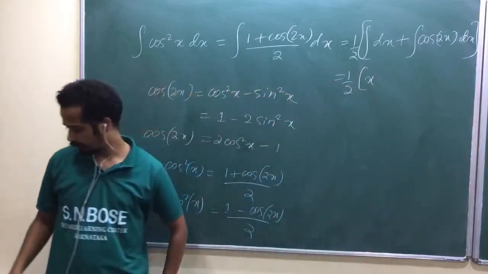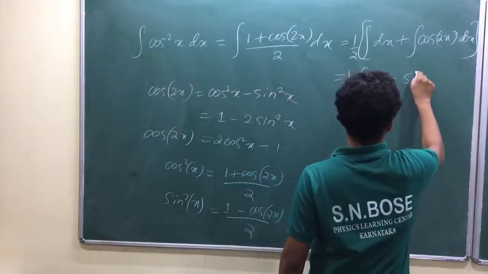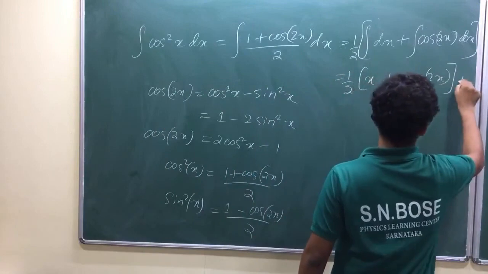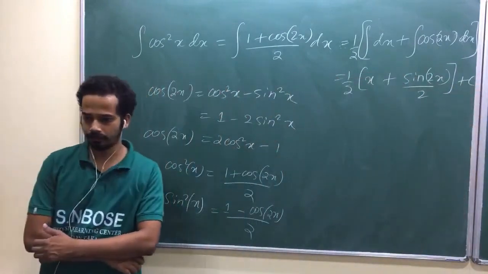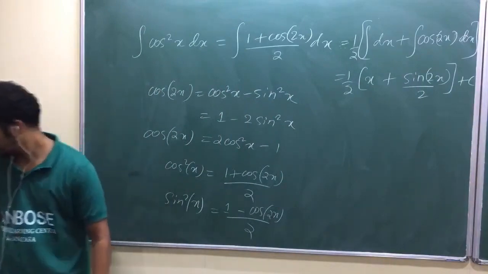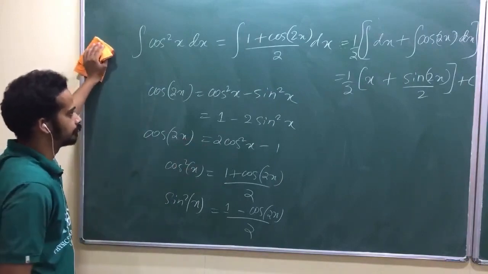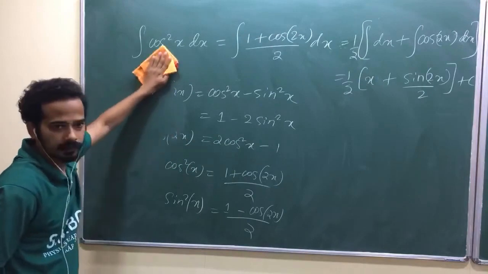What is the cos 2x integration? Sin 2x by 2 plus c, isn't it? I hope you can do this one. Similarly, do the integration of sin square x. Then later I will go for integration by substitution. Is that okay?